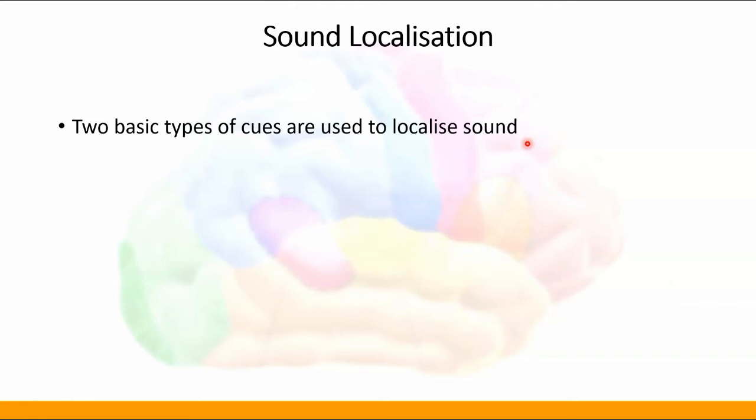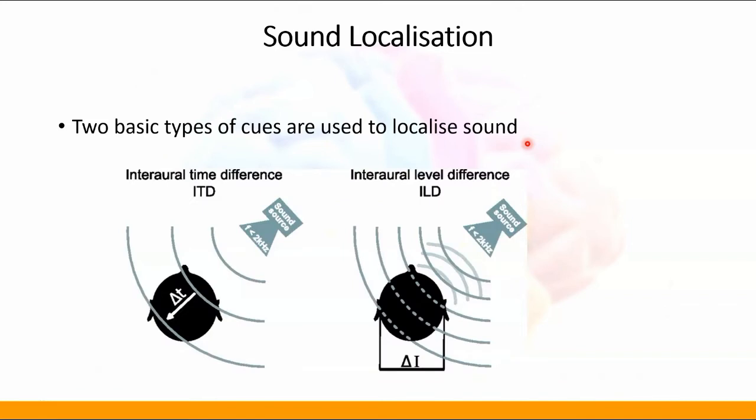How does it recognize a sound located to the sides of the head? Therefore, to localize sounds, the auditory system has two basic types of cues, which are interaural time difference and interaural level difference.